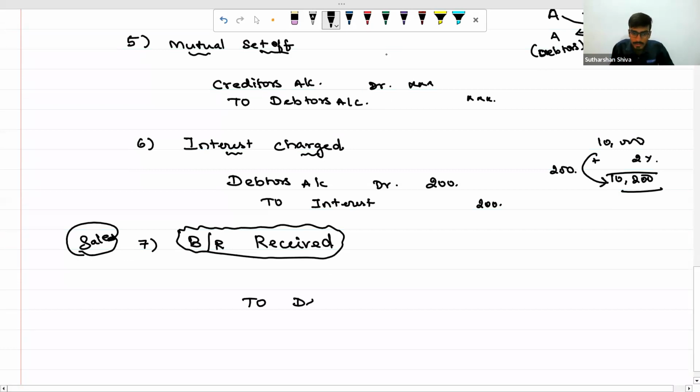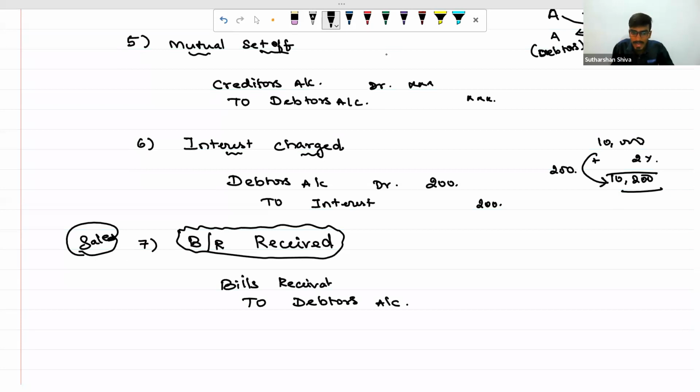So in that case also my debtors will come down. Instead of cash, I have taken a bills receivable. So my bills receivable will act as my asset now, another form of money instead of cash.